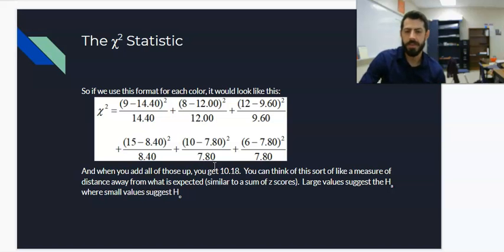So large values suggest that the observed amount differs very much so from what was expected, whereas small amounts kind of suggest that it's right on where it should be, right? Also, large amounts for Chi-Squared suggest the alternative hypothesis, whereas small values suggest the null hypothesis, which makes sense. The further away something is from what is expected, the less likely it is we get what we're expecting.